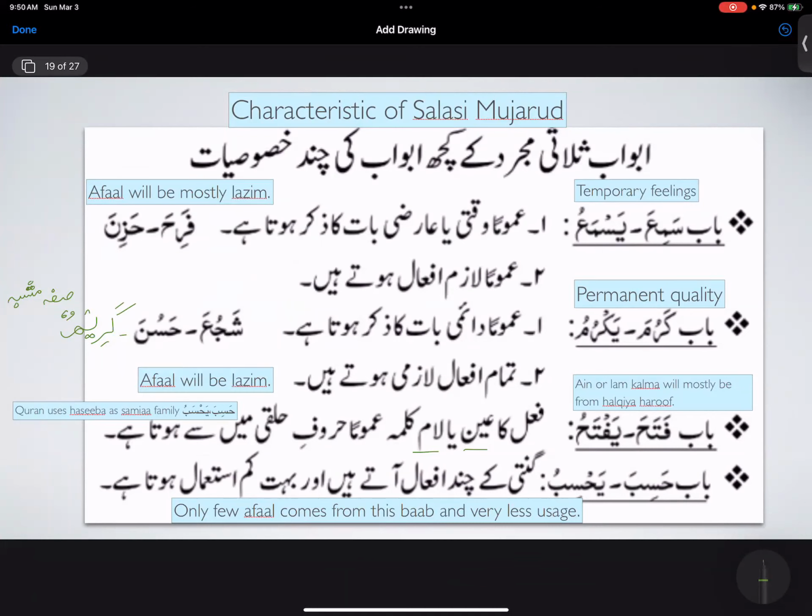Whenever there are temporary feelings, you will see this bab used. The example is Fariha. What does Fariha mean? Happy. Is that a permanent quality of someone? No, I wish.